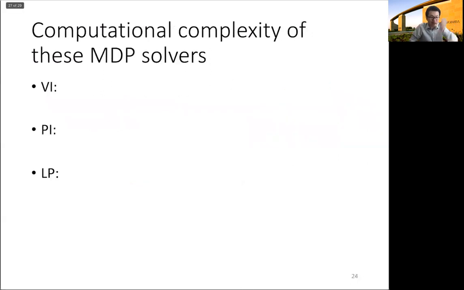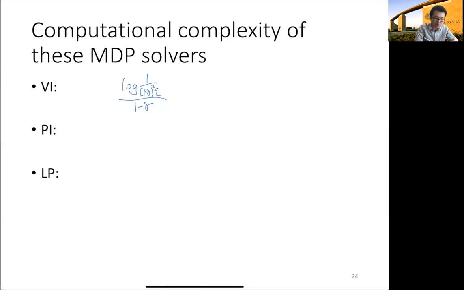And to conclude the lecture, I wanted to comment on the computational complexity of these MDP solvers. We'll start with value iteration. We've seen that it takes log of 1 over (1 minus gamma) epsilon, and due to that error amplification, now you have this (1 minus gamma) squared over (1 minus gamma). So you need this many iterations.